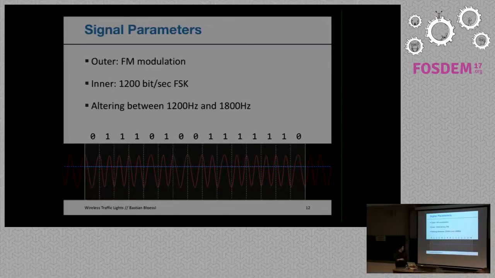And with this, it was pretty obvious if you zoomed in that there's some FSK modulation inside there, and the bit rate was 100 bits per second. So this is always 1 bit, and it's alternating between 1200 and 1800 hertz. So you either have a complete cycle or 1.5 cycles in there. This was basically the most important thing about the signal.